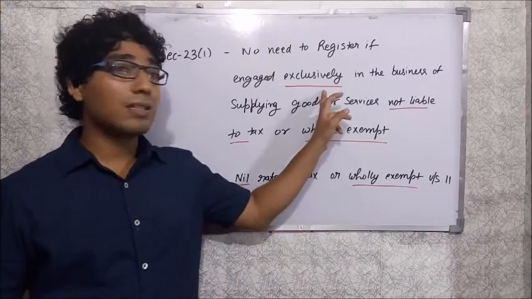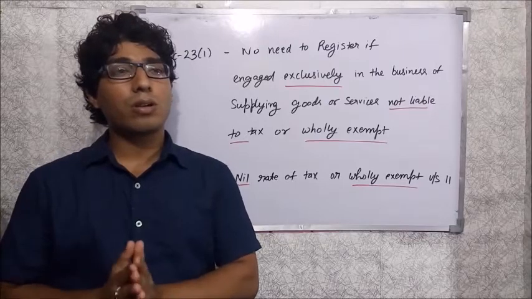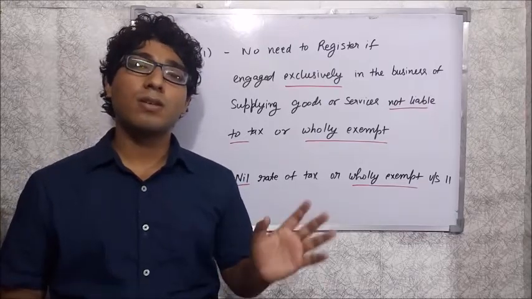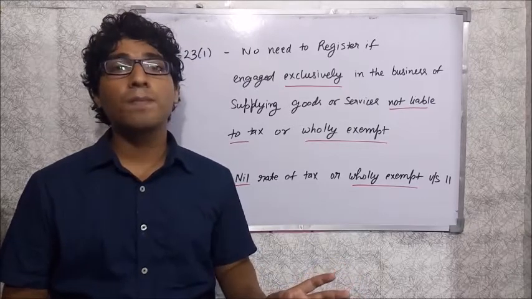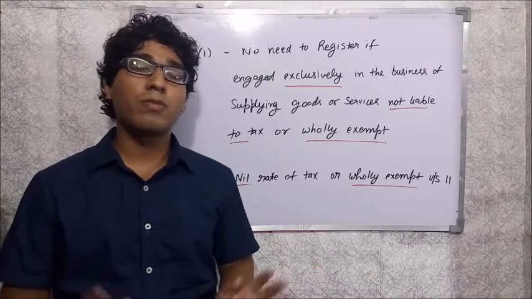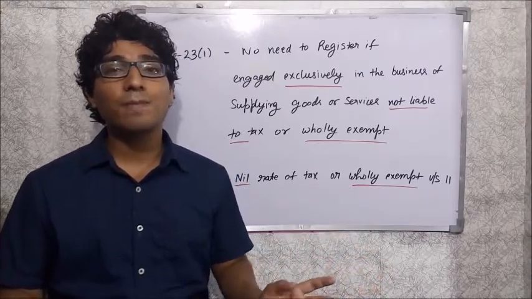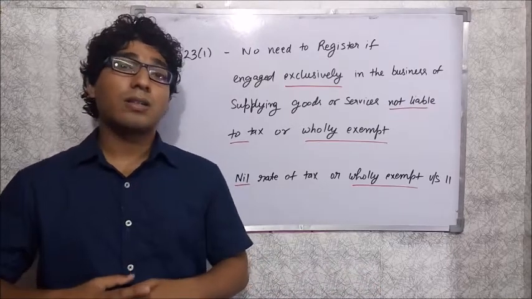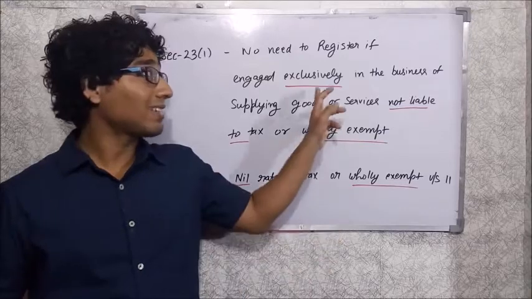So the word is exclusively. Suppose you are dealing in goods or services which are totally exempt, and you also deal in goods or services which are taxable under GST. Suppose you deal in two types of goods. One is completely exempt and the second one is taxable. In that case you cannot take the benefit of Section 23 subsection 1, because the word is exclusively.